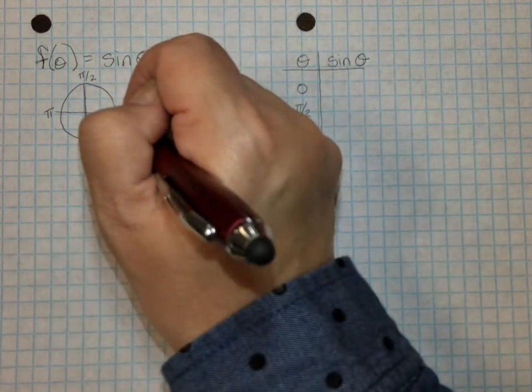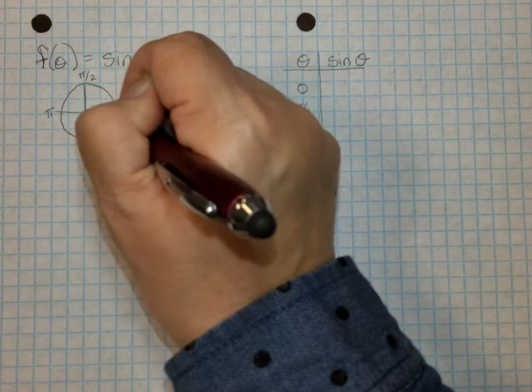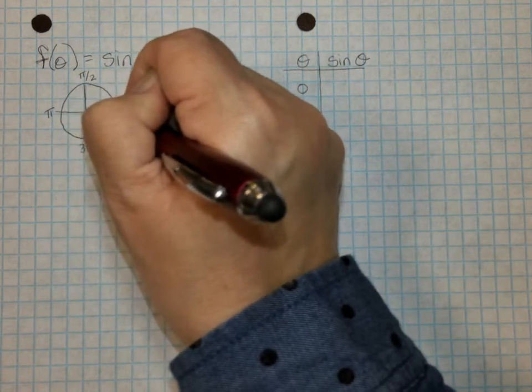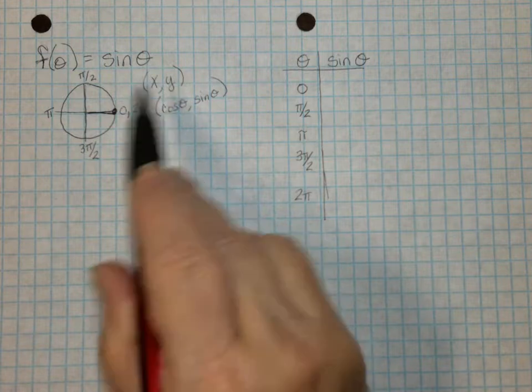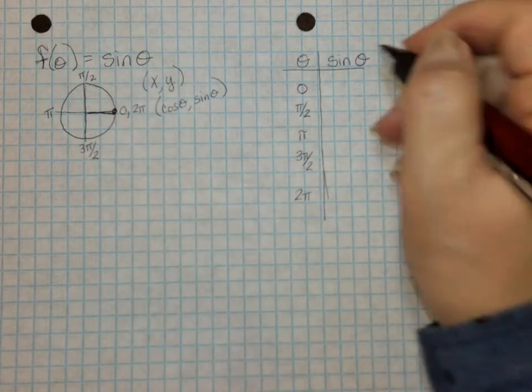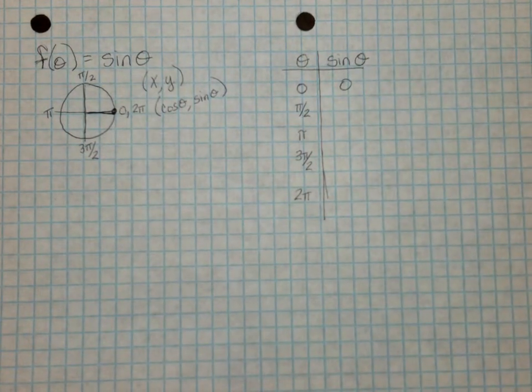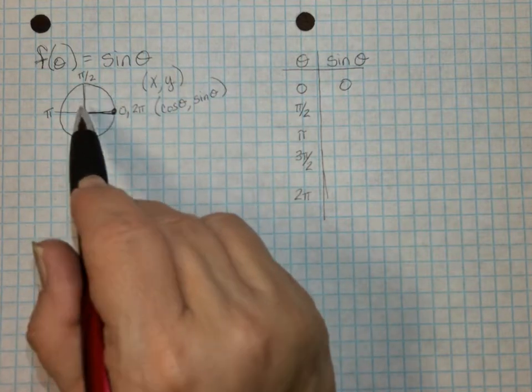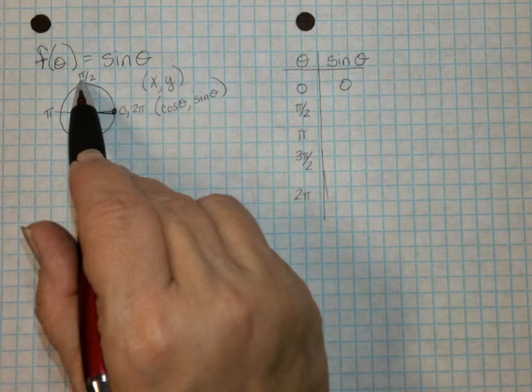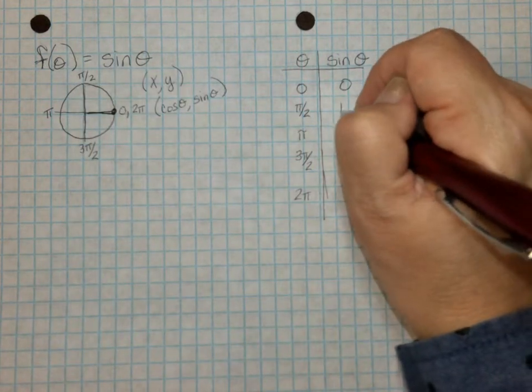So when we start here, an angle of 0 radians is right here. The y value is sine, so the y value is 0. Then we're going to go around the circle. At pi over 2, our y value is 1.